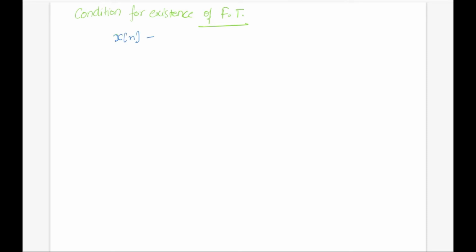If x[n] is absolutely summable, then its Fourier transform exists. So what do we mean by this?